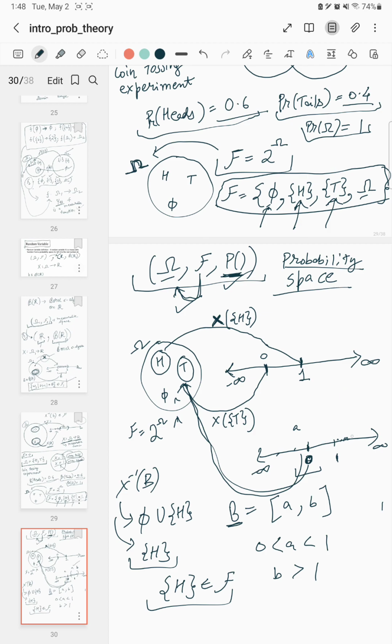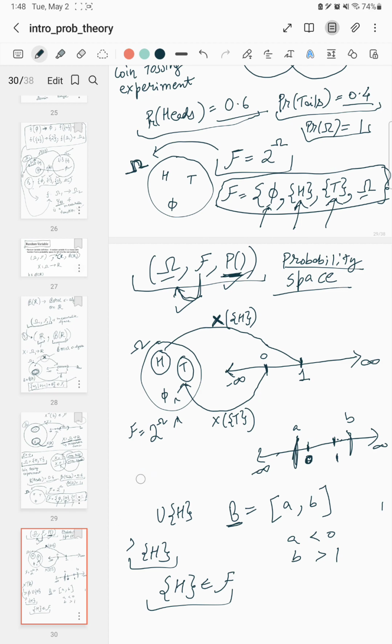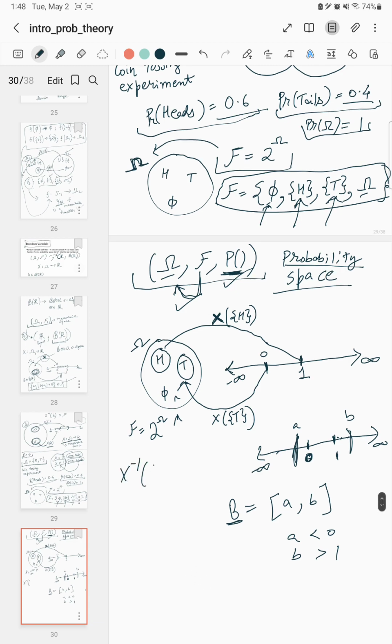Now one last example. Let's say we have a Borel set with a and b such that a is less than 0 and b is greater than 1. In this case, if you take the pre-image of B, you would find that x inverse of 0 is obviously tails, and x inverse of the set 1 is obviously heads, and all the rest of the real numbers present in this range would be phi.